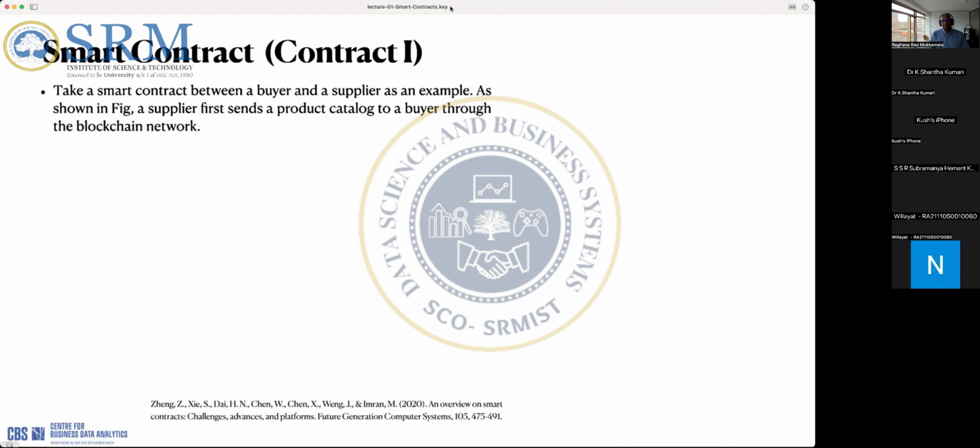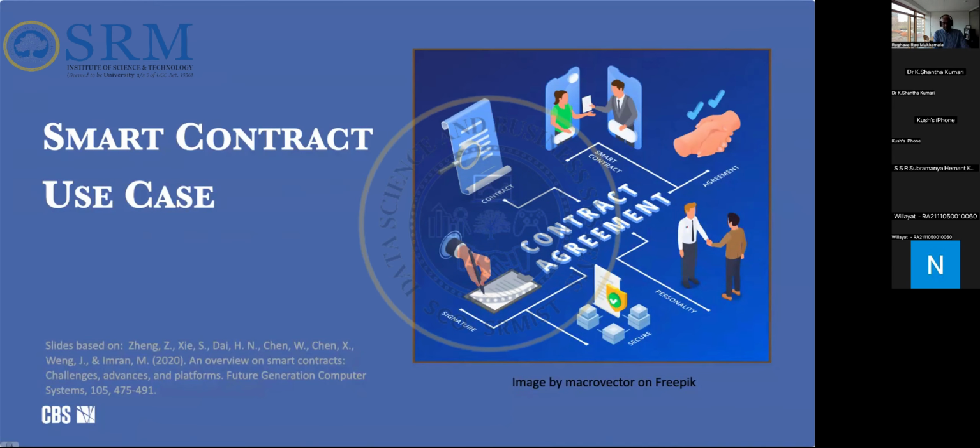Yeah. So now we will take a use case, again some e-commerce use case, so that we can understand easily and then see where exactly the smart contracts can be implemented and how exactly that is done, right? Afterwards we can go to the life cycle of smart contracts.